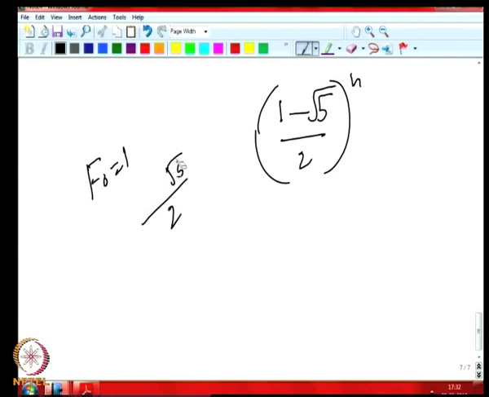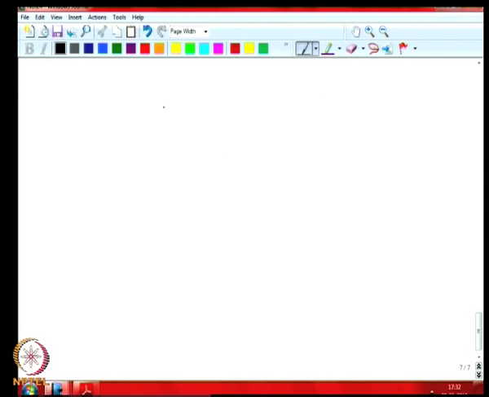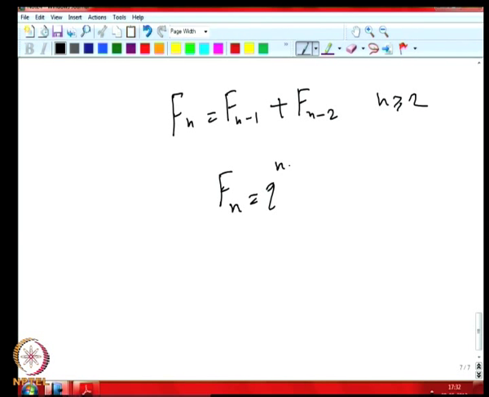So, what we observe is that while the recurrence relation Fn is equal to Fn minus 1 plus Fn minus 2 will be satisfied if you take Fn equal to q to the power n for q equal to (root 5 plus 1) by 2 or q equal to (1 minus root 5) by 2, we also have other expressions which will satisfy this thing.